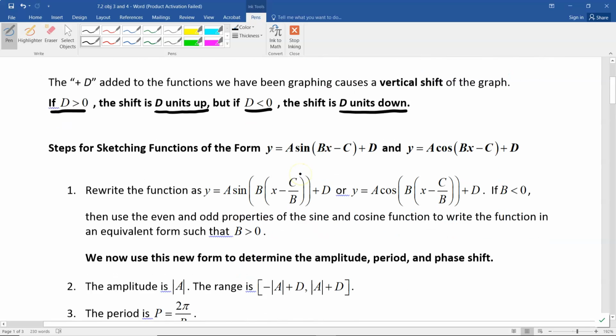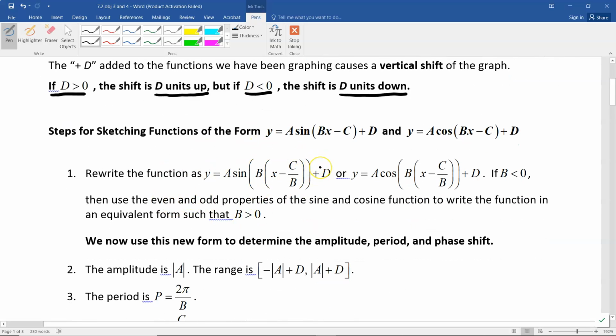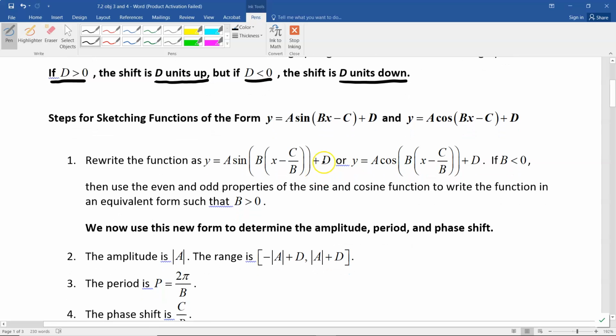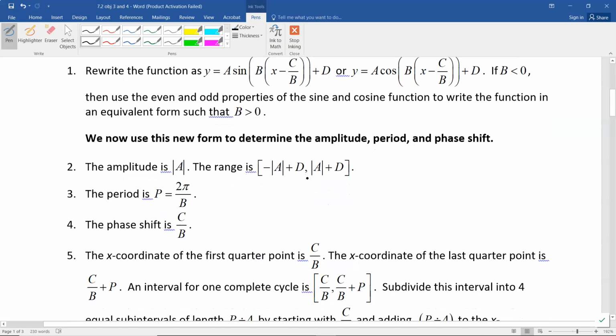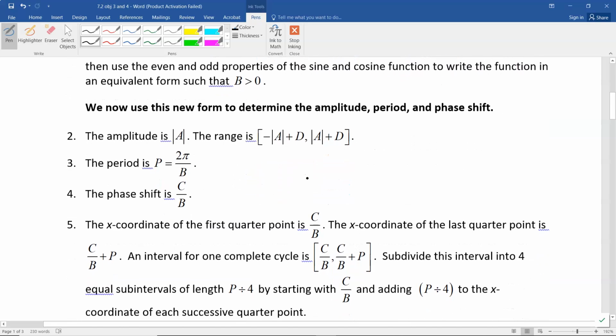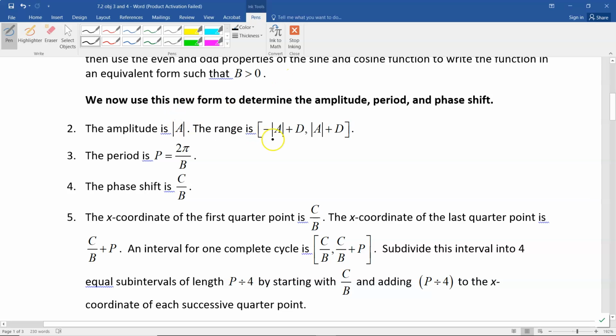So the first thing that we want to do when we're solving these is rewrite it in the typical way that we do. And since this rewriting has nothing to do with our vertical shift, we're actually going to have a lot of the same steps. The main thing that is going to change is this range in step 2. So now our amplitude, or our range, is not simply going to be a positive and negative amplitude.